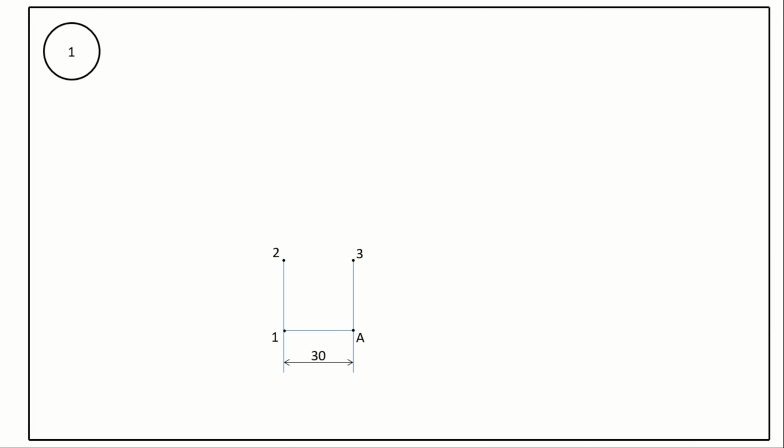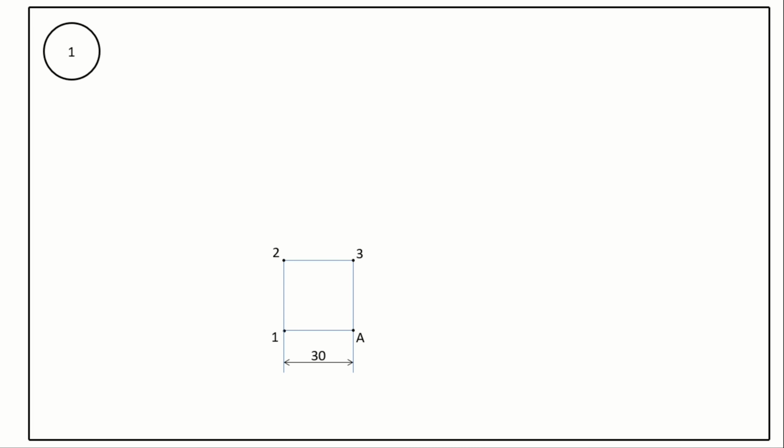Now, using a scale, join 2 and 3. The length measured must be equal to 30 mm. So here we have drawn a square A, 1, 2, 3, all of equal length 30 mm. All the sides are of equal length 30 mm.